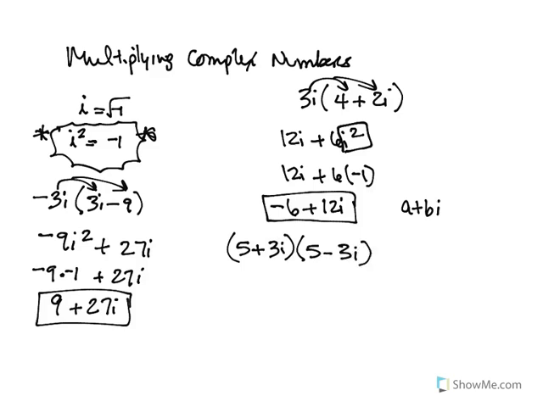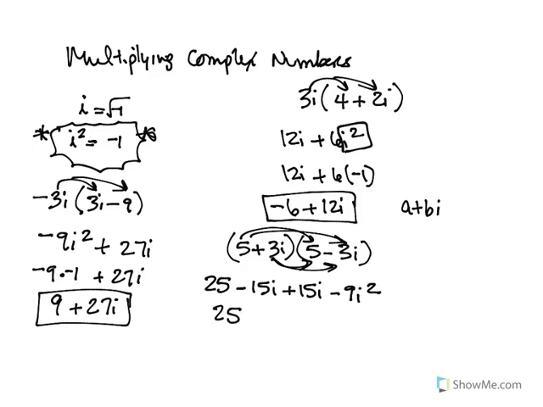So here, it's a FOIL or a distribute, right? So 25 minus 15i plus 15i minus 9i squared. So 25, 15i, and 15i, those cancel each other out, minus 9i squared. So i squared is really negative 1.